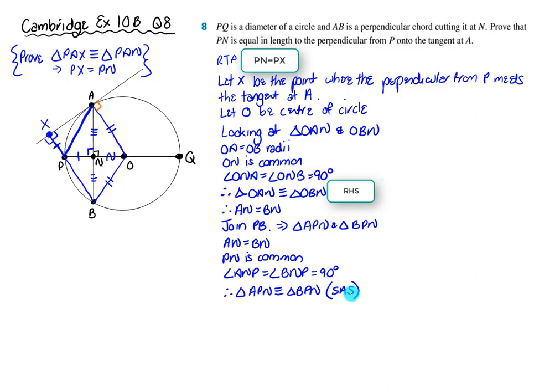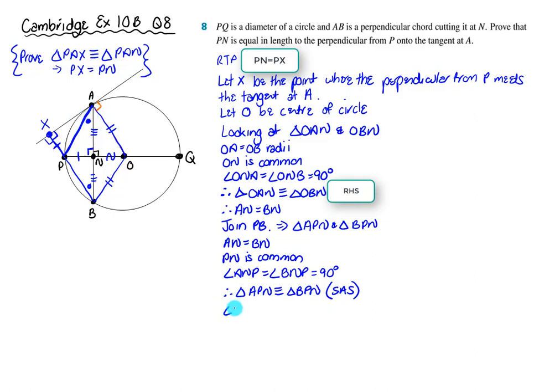Okay, so where do we go from here? If we know that they're congruent triangles, we know that this angle here has to equal that angle there, because that can lead me to the triangles that I want.